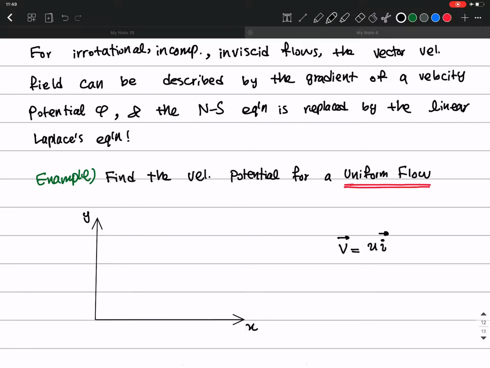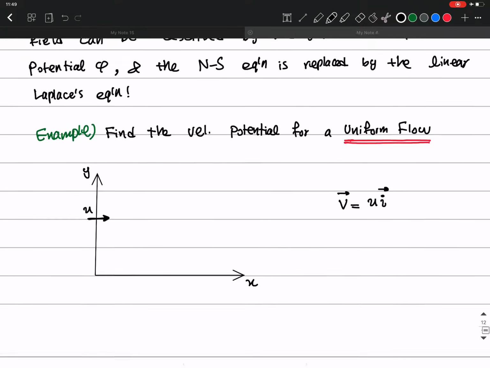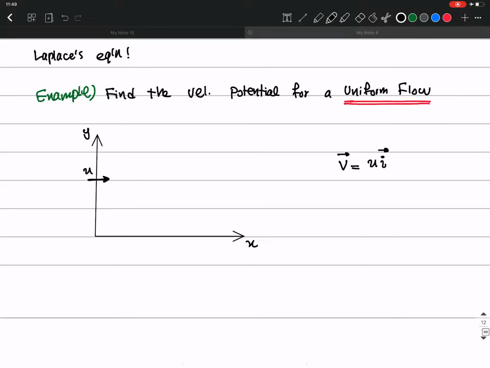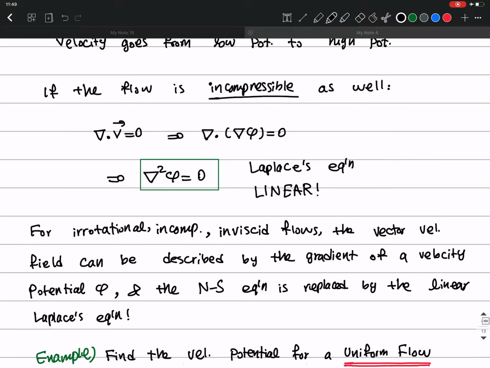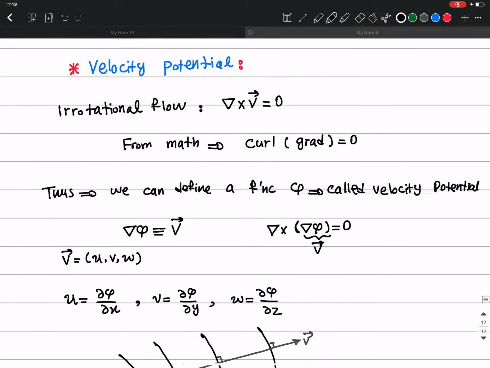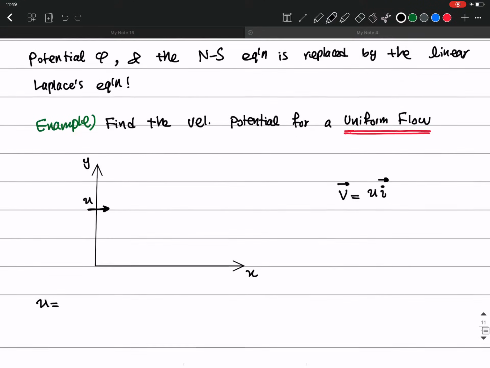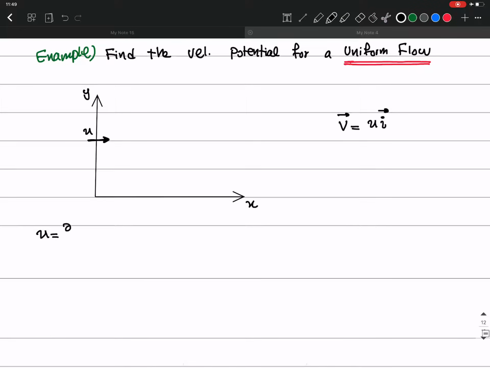So here, for example, it's going to be u, and it's going to be u everywhere. It's a uniform flow. Okay. So let's find the velocity potential for this. So u, based on this definition for the velocity potential, is going to be partial phi over partial x.